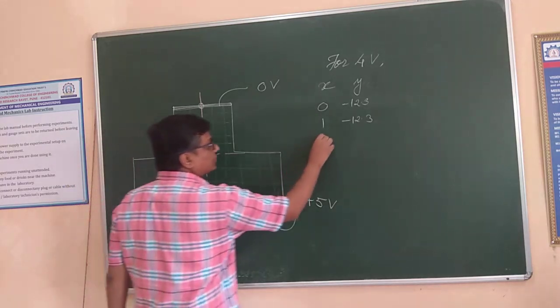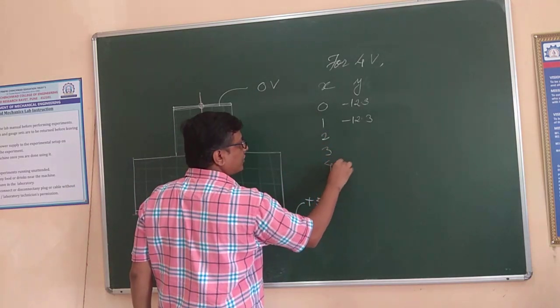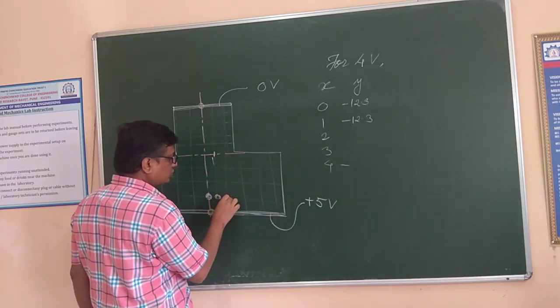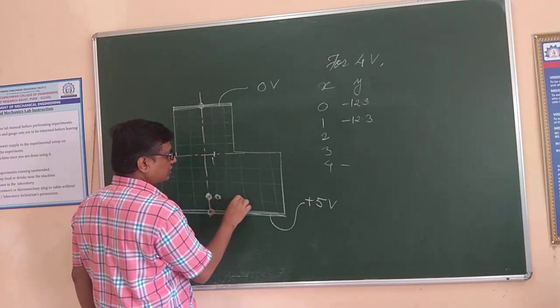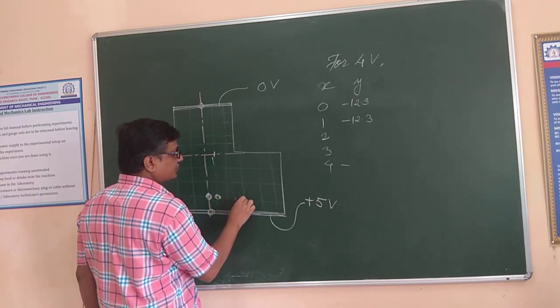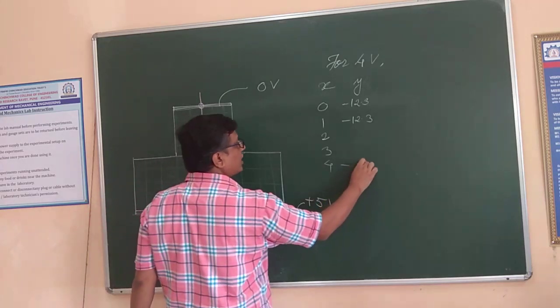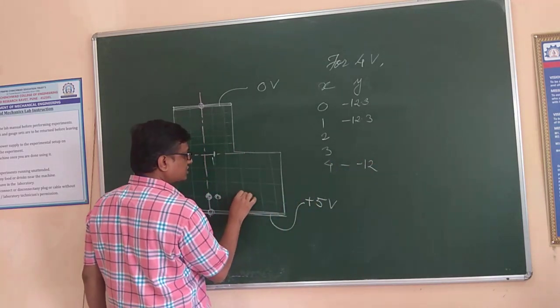If I take the fourth point, somewhere over here, the x coordinate is 4 and the y coordinate is about minus 12. So the point will be somewhere over here.